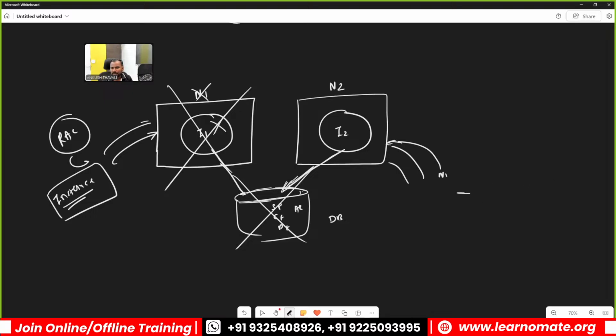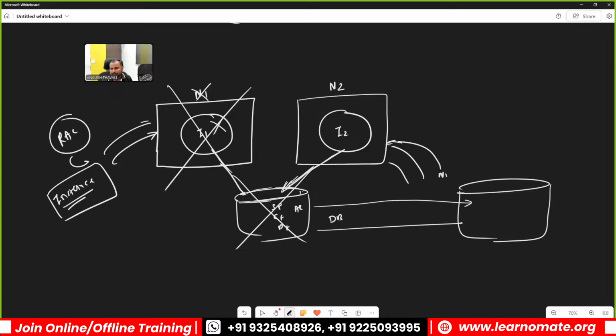So I need one more database similar to that. Whatever is available on my primary database, the same thing should be available here also. Let's say I have one table with some data under it. I need everything available here also. So this is also getting connected to some storage, and then you will have one more server here.